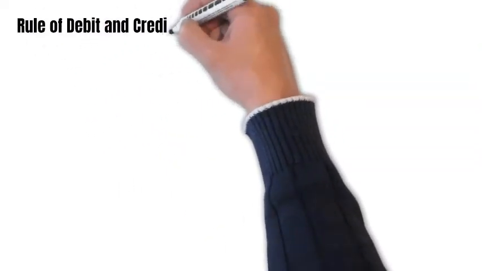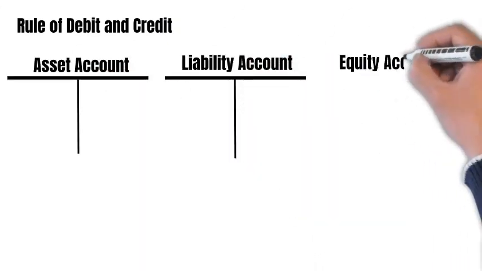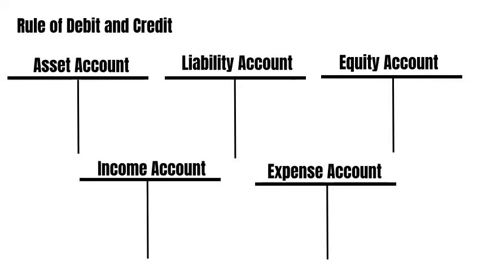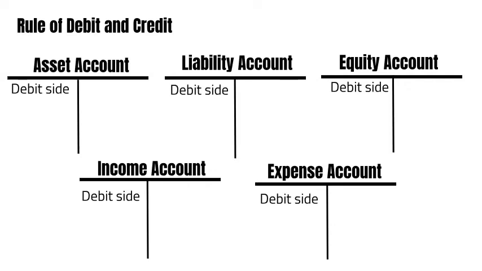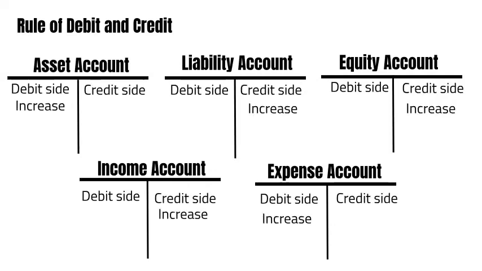Rule of debit and credit: asset account, liability account, equity account, income account, expense account, debit side, credit side, increase, decrease.